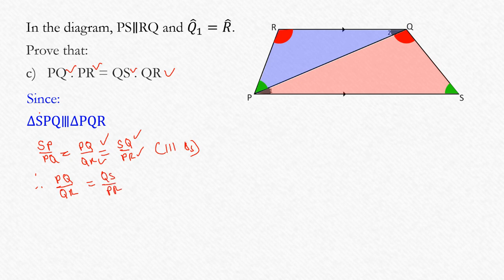To get this, we can cross multiply: this times this is equal to this times this. And then we say PQ times PR is equal to QS times QR.